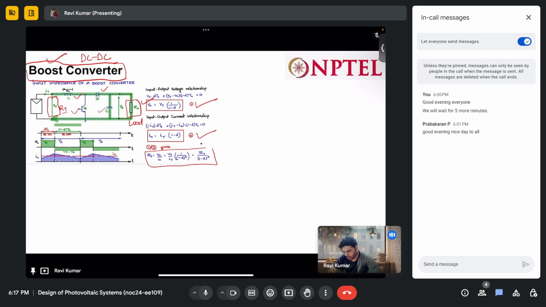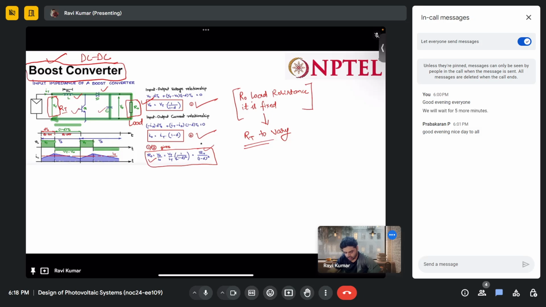Now R naught is the load resistance and it is fixed, but we need RT to vary. So if R naught is fixed, we need this RT to vary.